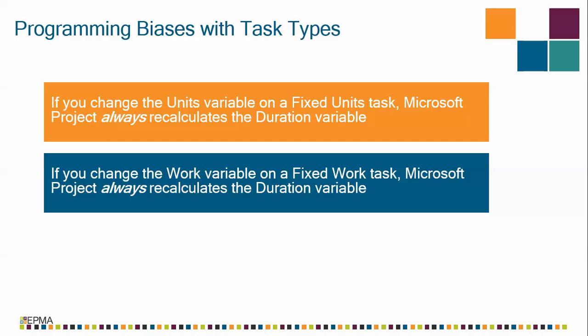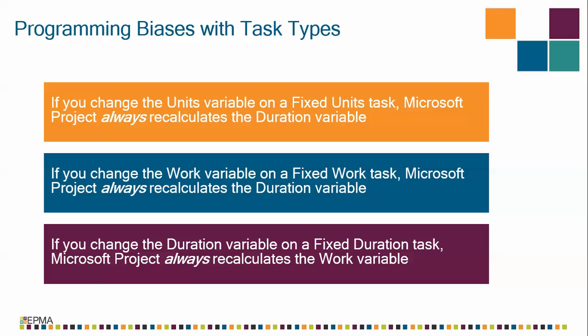Why? Bias toward duration. And then lastly, if you change the duration variable on a fixed duration task, Microsoft Project will always recalculate the work. The biases are first bias toward duration, but if not possible, then the second bias is toward work.